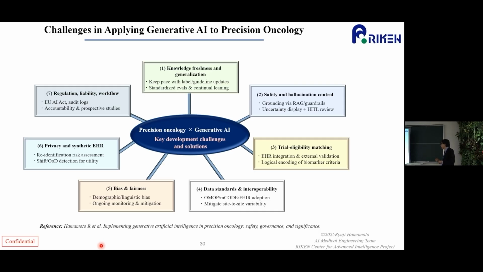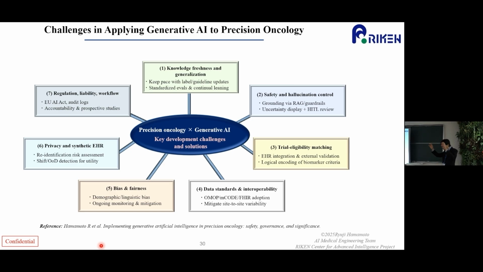And trial eligibility matching, and this is a little specialized, but electronic health record integration and external validation, data standardization and interoperability. In this case, domain shift is one of the serious issues in medical AI.